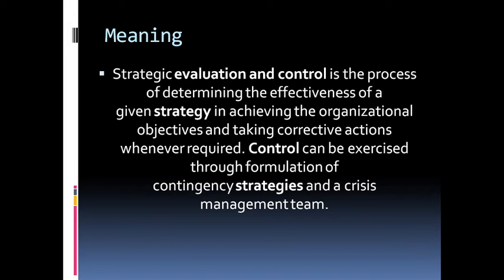If the strategy is not achieved with effectiveness, then the organizational objectives won't be achieved. In achieving the organizational objectives and for taking corrective actions whenever required, strategic evaluation is needed.